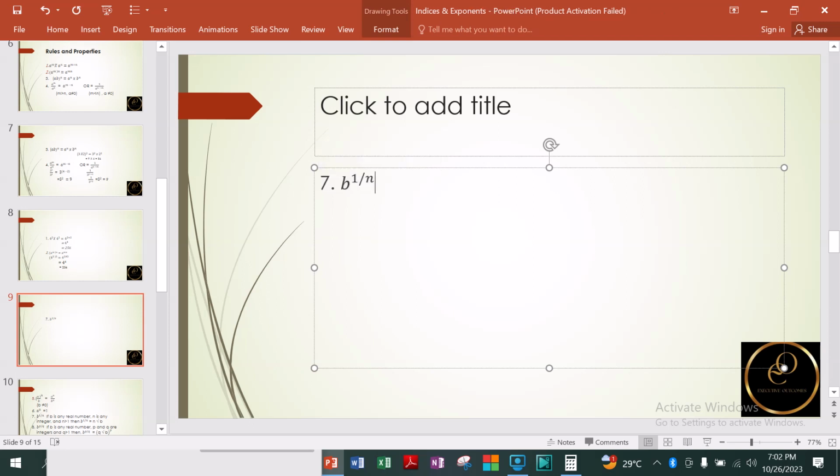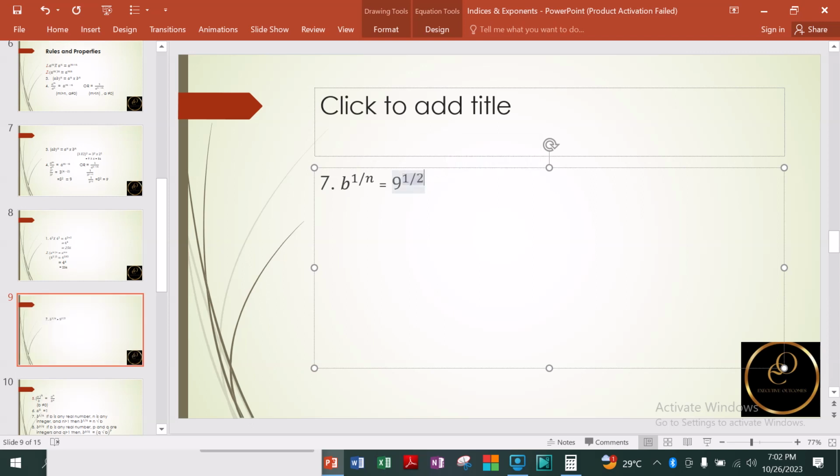Okay. So now, if this is the case, provided b is not equal to 0, what example can we come up with so that we show how this one is applied? Let me think about a simple one. Let's say we have 9 raised to power 1 over 2.